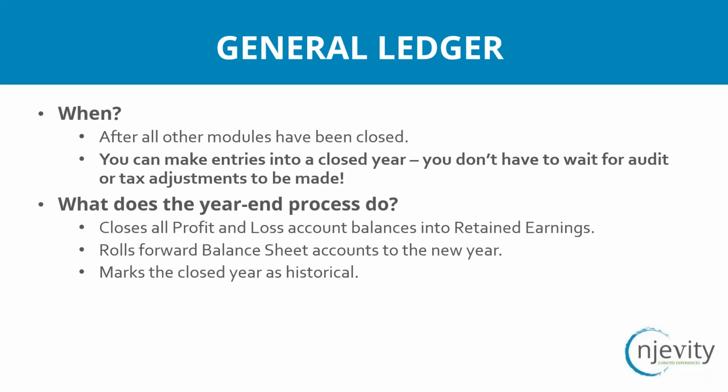Just note that you can post entries to the last closed year in Great Plains. So if I go in at 12/31 of 2025 and I close the general ledger for 2025, I can still make entries for 2025. At that point in time, when I close the year for 2025, I can no longer make entries for 2024.